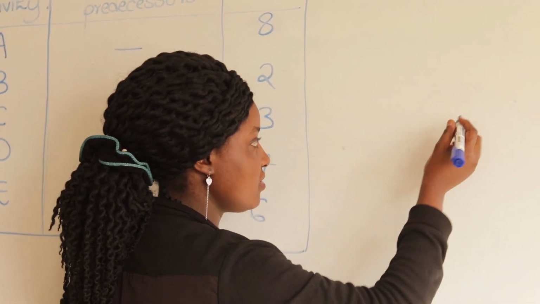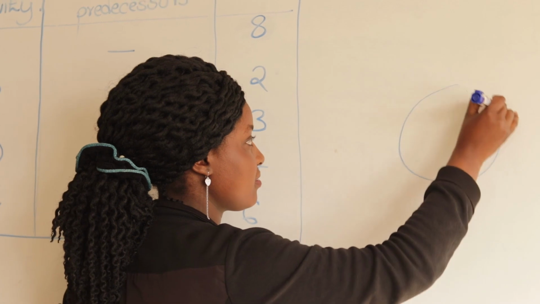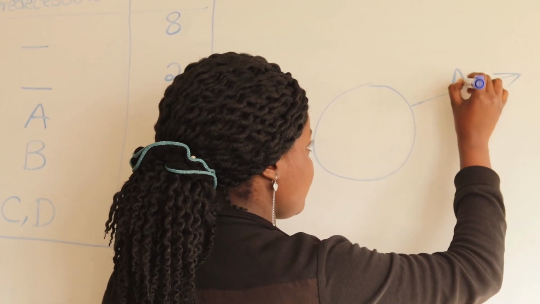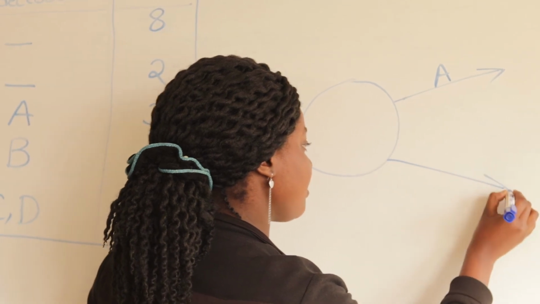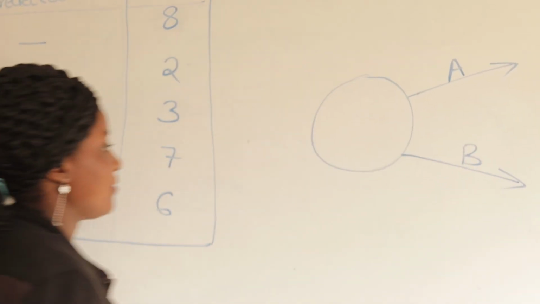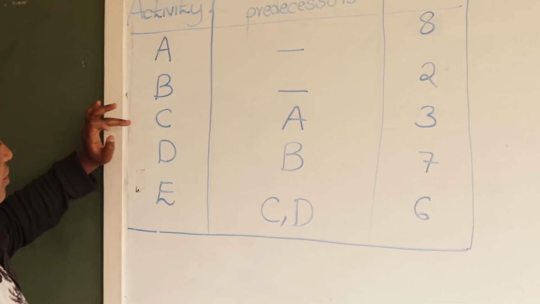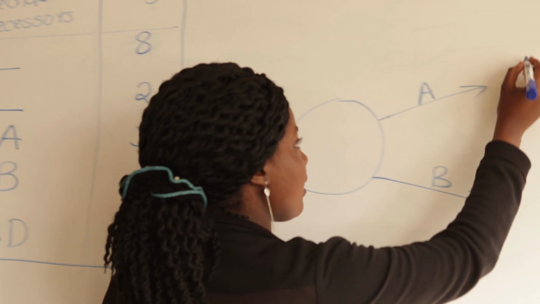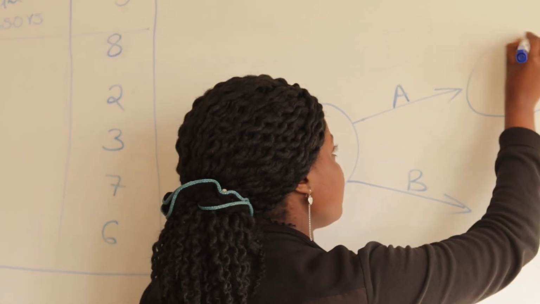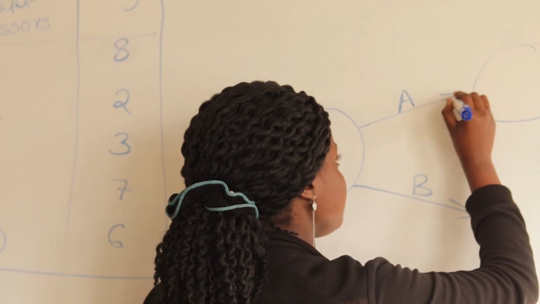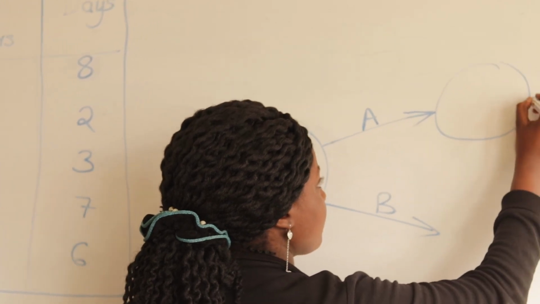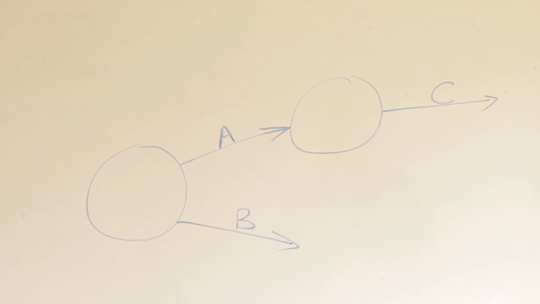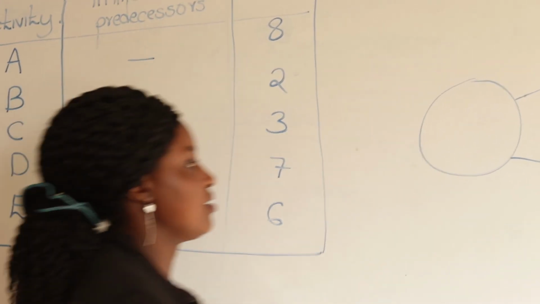So our first node: activity A with no predecessor, activity B with no predecessor. Then C, whose immediate predecessor is A, so our C will come from here. So we have activity C. Then activity D comes from B.